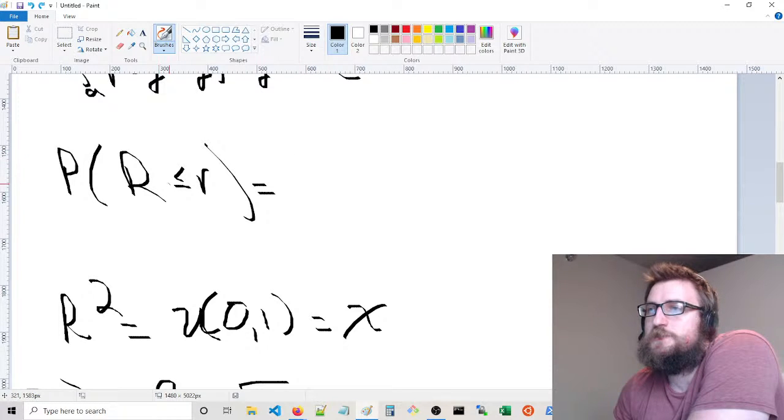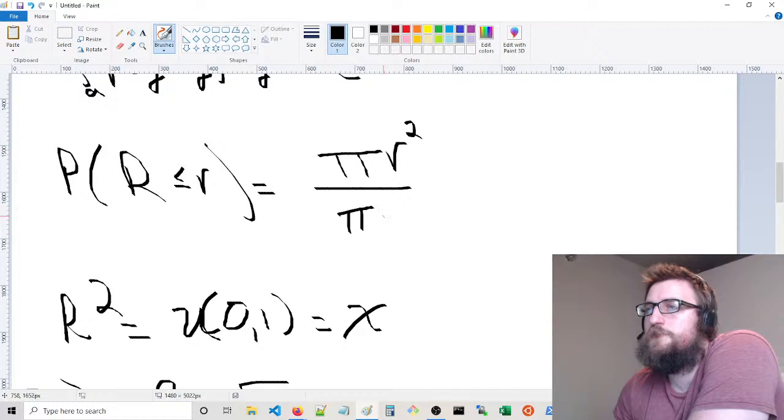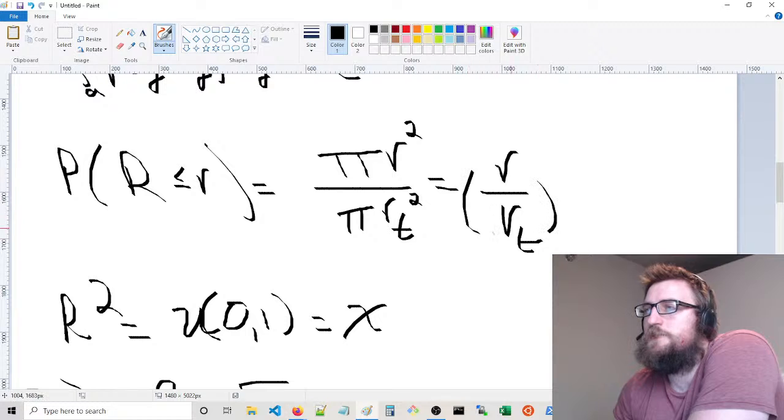The probability that it's less than a particular r is going to be pi r squared over the total, right? Which is r squared over rt squared. And yeah, so that's a little bit confusing.